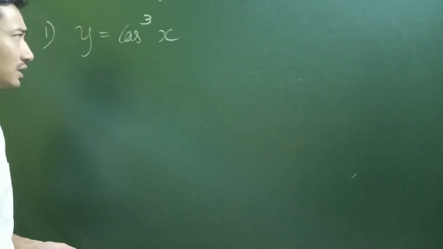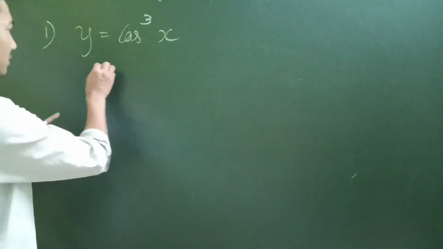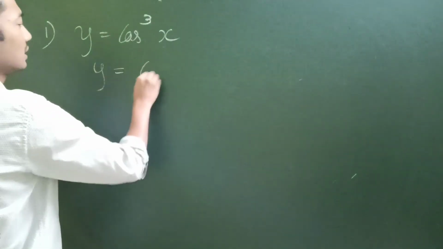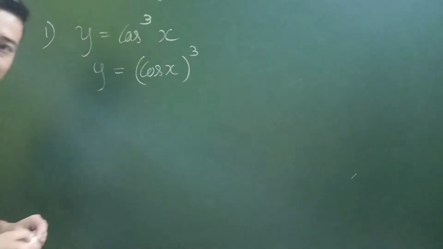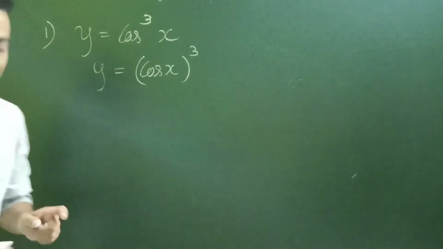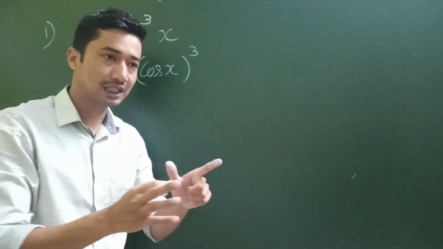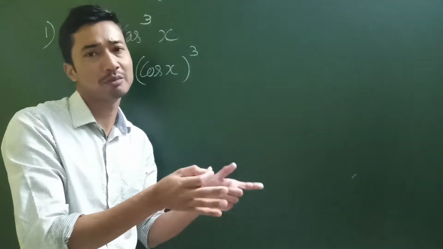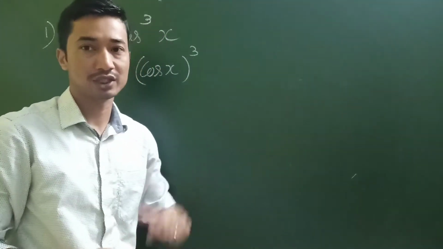This is not a single function, because we have trigonometric functions and algebraic functions. If I write it appropriately, it would be better as cos x whole cube. Maybe 1-2 problems we will solve theoretically to see how it is really done. But after that, when we start with the exercise, we're going to use the direct method.